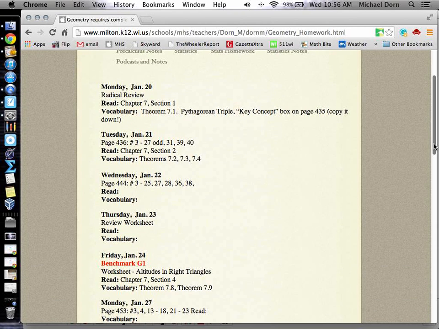So, again, we're in our book. This time, page 444, 3 through 25. Hold on, let me take a look at that real quick. I may modify and reduce the assignment just a little bit. Let's make it 3 through 25 odd, unless somebody wants to complain about that.